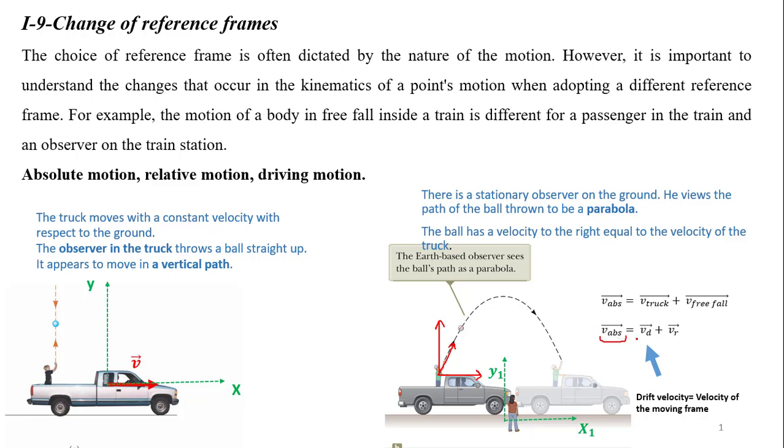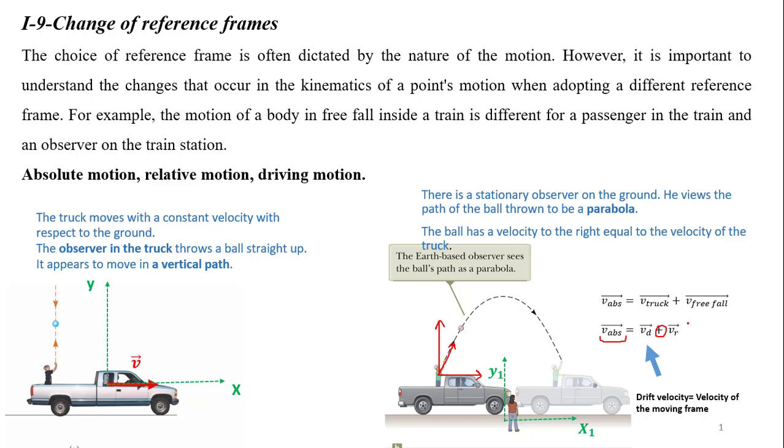This velocity is a combination of two velocities. One velocity is to the right, Vd, and another velocity which is vertical, and this is Vr. What is Vd? Vd is the velocity of the truck to the right, and Vr is the velocity of the ball as seen by the moving observer.